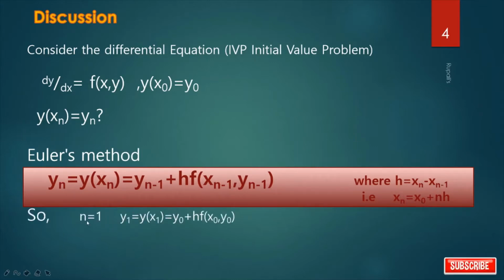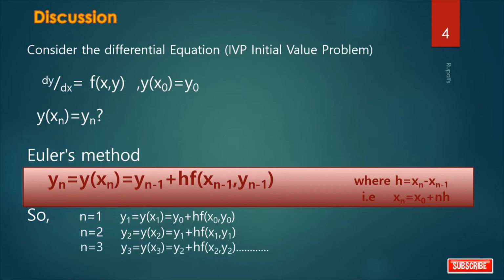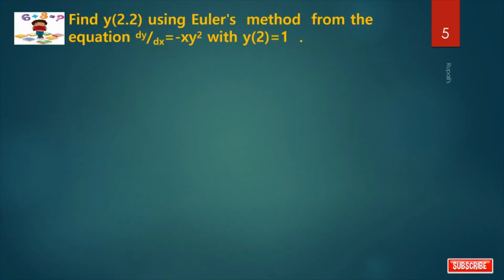Means if n = 1, y1 = y(x1) = y0 + h f(x0, y0), or if n = 2, y2 = y(x2) = y1 + h f(x1, y1). If n = 3, y3 = y(x3) = y2 + h f(x2, y2). In this way, take one mathematical problem.